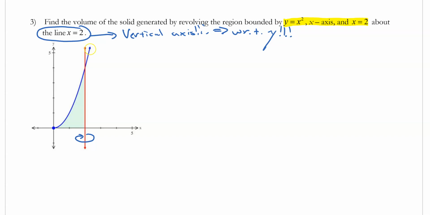So this function, yes, this is y equals x squared, but that also means this is x equals the square root of y, okay? And we're working sideways, so we're going in this direction from here to here. So this is r. Again, if I imagine spinning this thing around x equals 2, I would get this kind of circular cross section, okay?